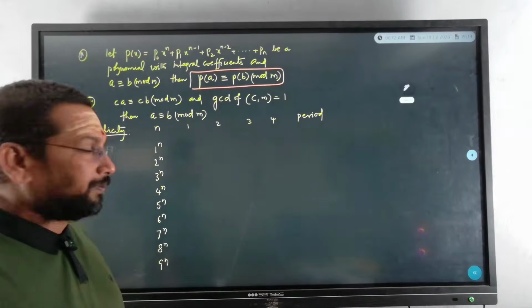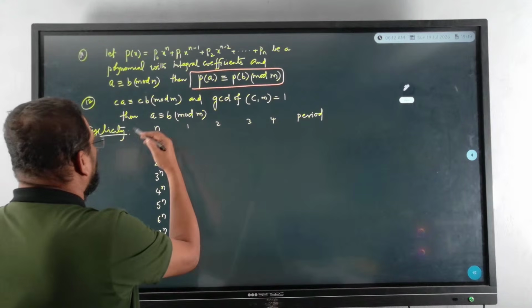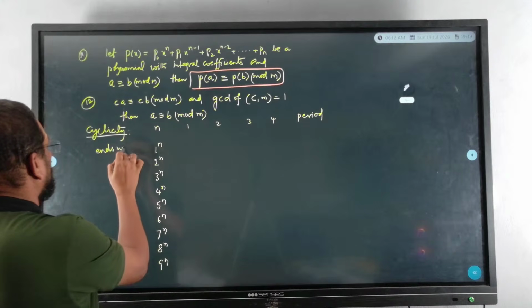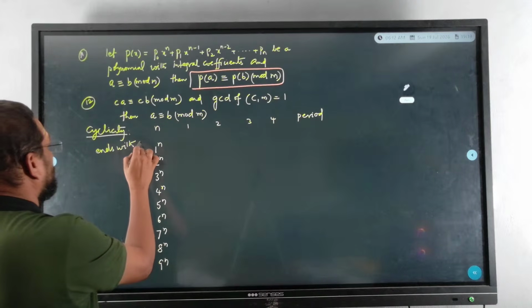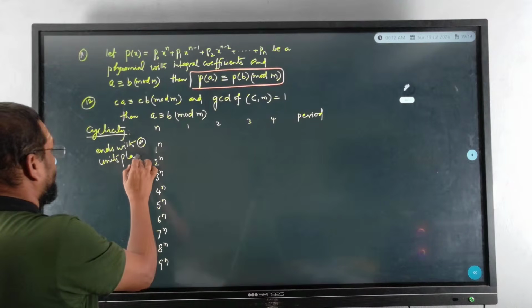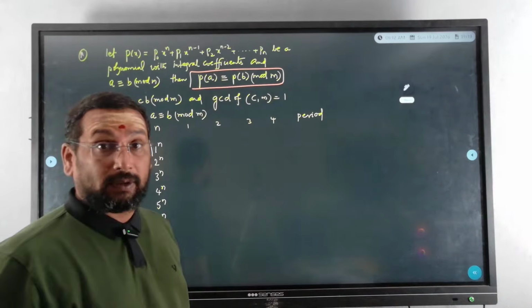We are considering the units place. We have to observe these two points only: the units place and the period.